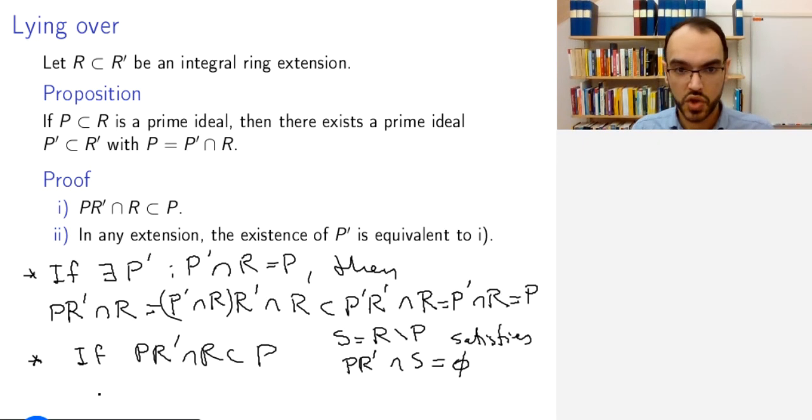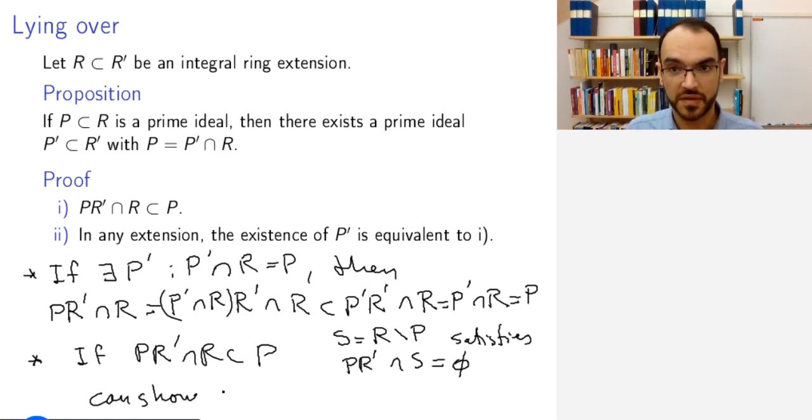So what we can show, this means that in R prime, this PR prime sits inside some maximal ideal in the localization.